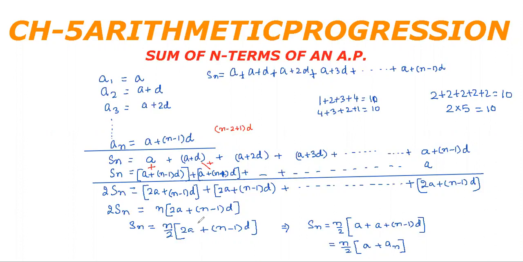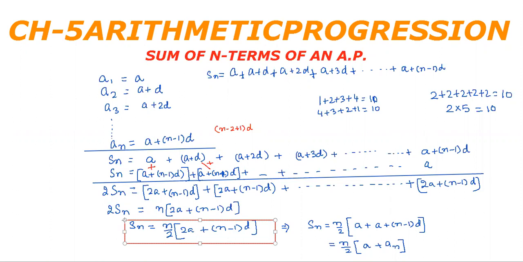Now as we want to find the formula for Sn, I'll take this to this side. So the sum of n terms of an AP will be calculated by this formula: n by 2 times 2a plus n minus 1d. This formula, children, is very important, and you will be using it in finding the sum of n terms of an AP.